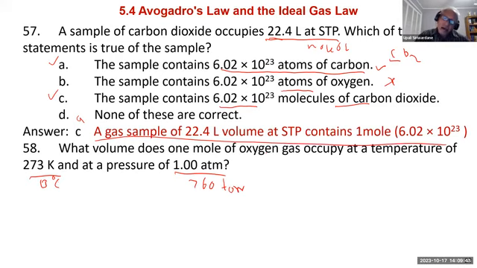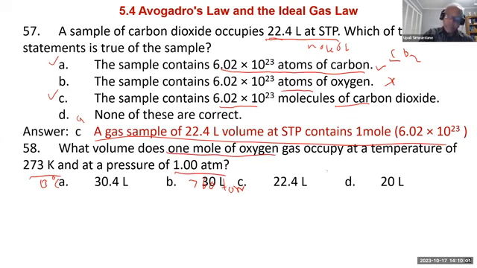So 1 mole contains 6.02 times 10 to the 23 particles, or oxygen molecules. One mole of oxygen at STP is 22.4 liters.